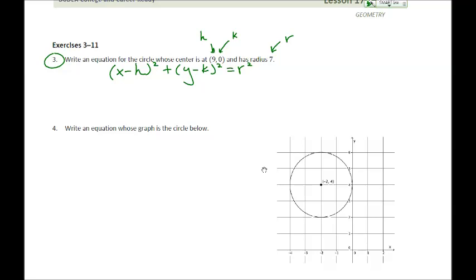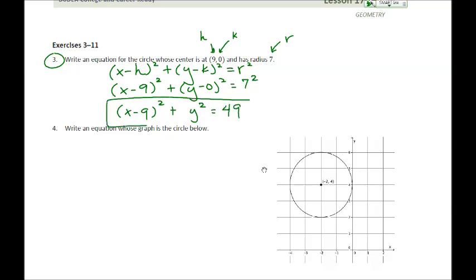So plugging those in, (x minus 9) squared plus (y minus 0) squared is equal to 7 squared. Simplifying just a little bit, y minus 0 is just equal to y, so I don't actually need the minus 0 or the parentheses, and I get y squared. And 7 squared is 49. So this is the equation of the circle whose center is (9, 0) and has a radius of 7.